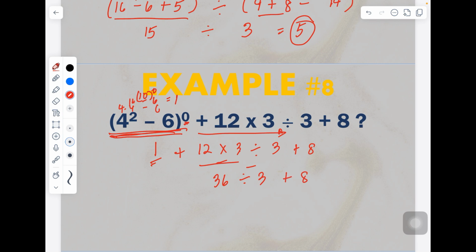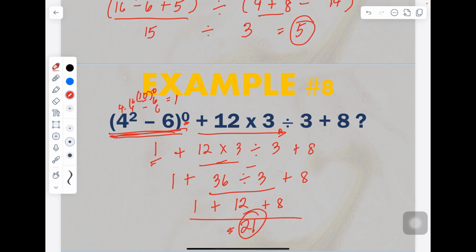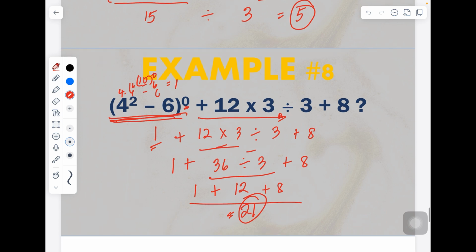Bring down your plus 8 and plus 1. Then divide. 36 divided by 3, 12. Bring down plus 8 and plus 1. And then do the operation. So 1 plus 12, 13 plus 8, 21. Final answer, 21. I hope you got the correct answer there.